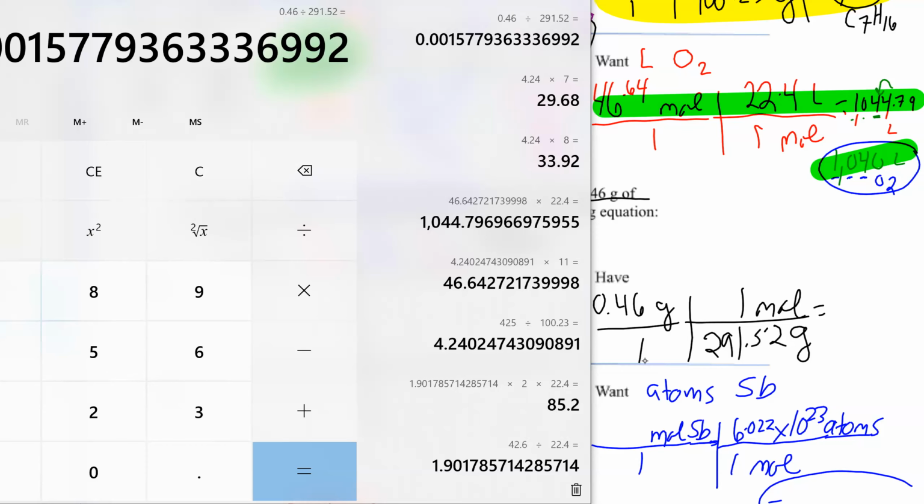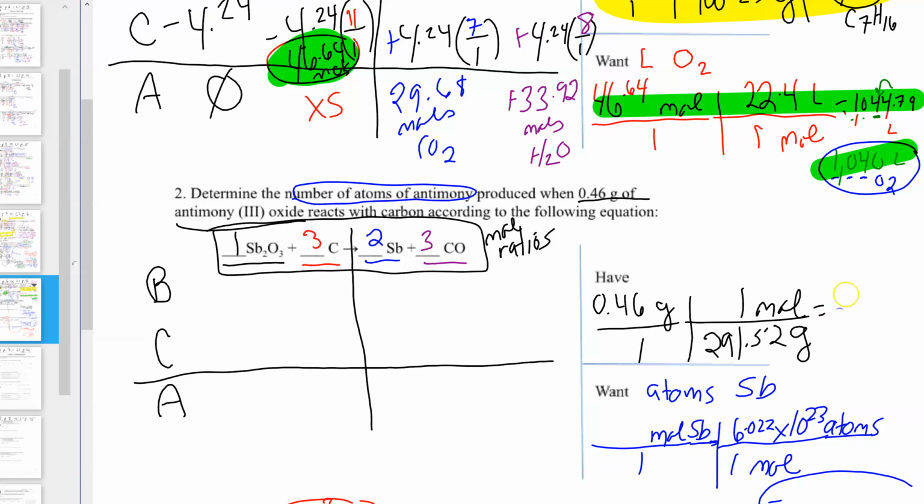Okay, so what should we write that as? How many sig figs do they want in the problem? They gave us 2 sig figs. Let's just go to 4, just give some extra. So 0.001578, and that's going to be how many moles of the antimony 3 oxide we have.